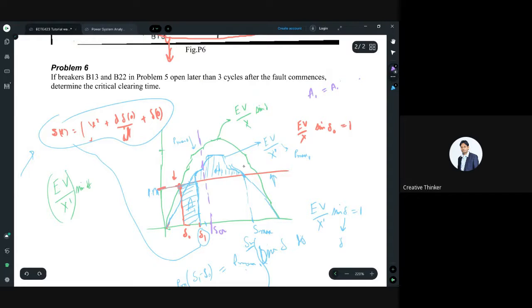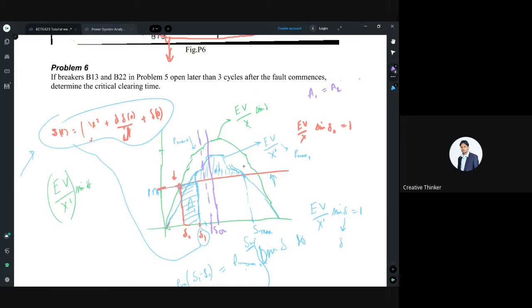Beyond that critical clearing time, if it opens here, then the A1 area will be greater than the A2 area. It means the machine will not return back to its stable mode, and it will lead to instability.